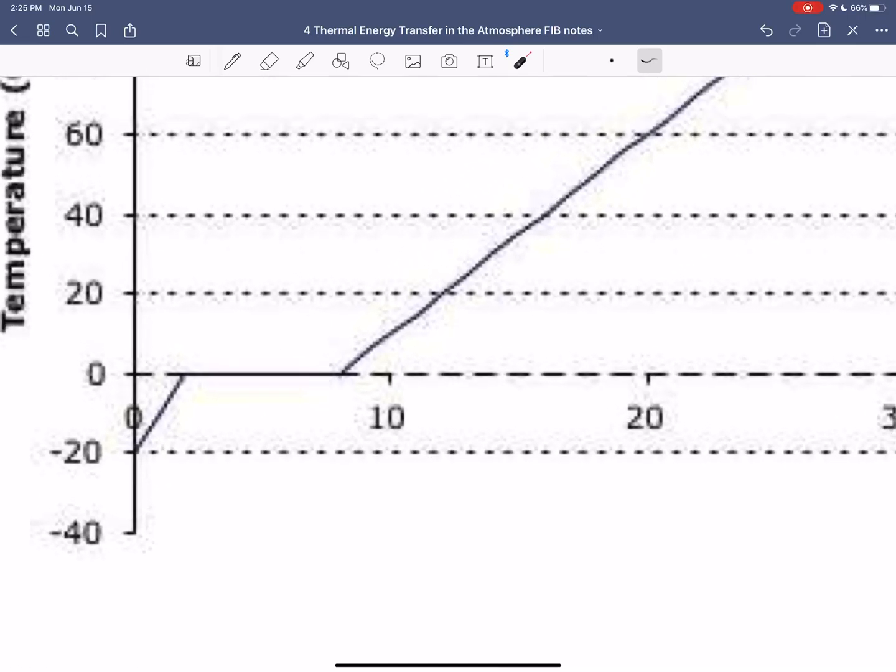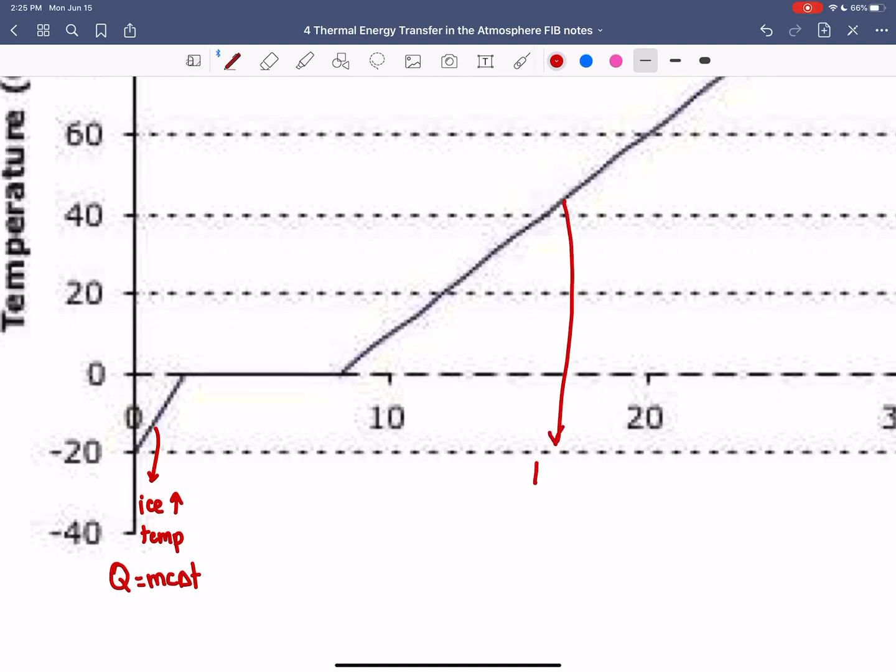Okay, so in this section right here, ice increases in temperature. And so because of that, I have Q equal to mcΔT. Anytime that I have a slope, I'm changing in temperature.